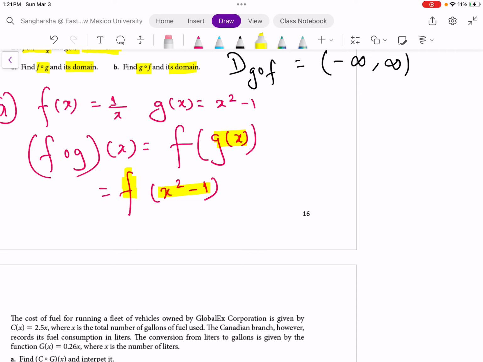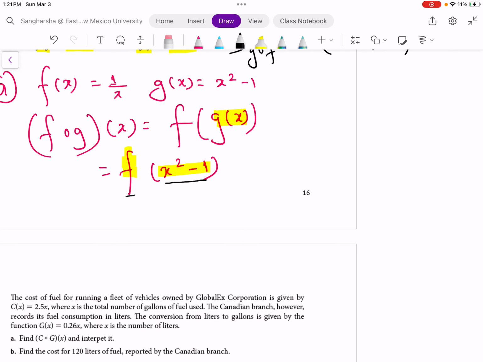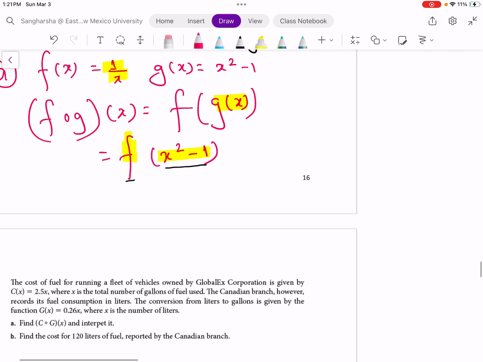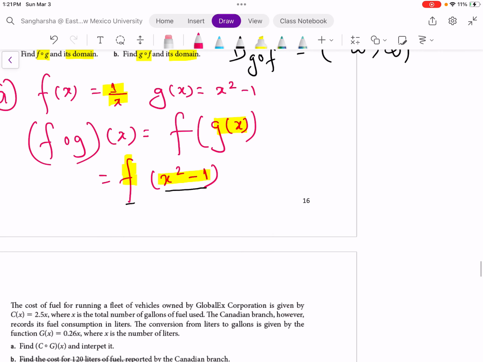We are asked to find the output when your input is x squared minus 1 for the function f. We know our f function is 1 over x, so we substitute x squared minus 1 for every x in our f function. So we have 1 in the numerator over x squared minus 1. So this is our f composite g of x function.